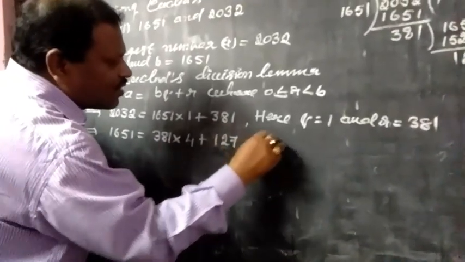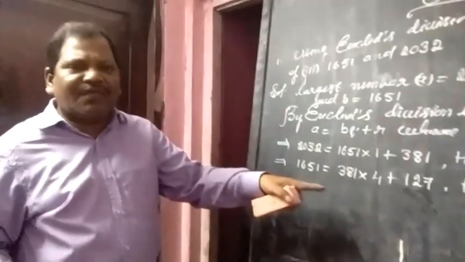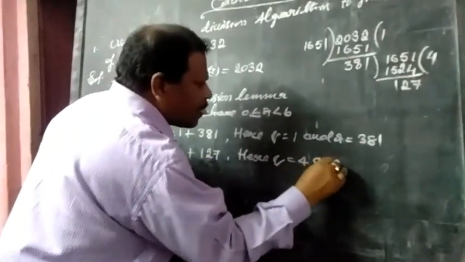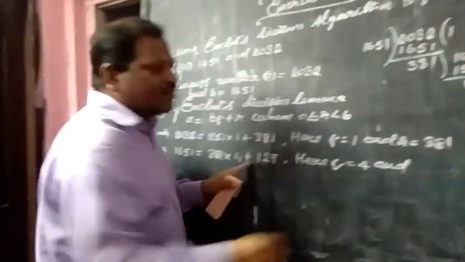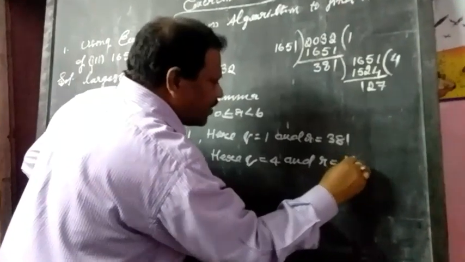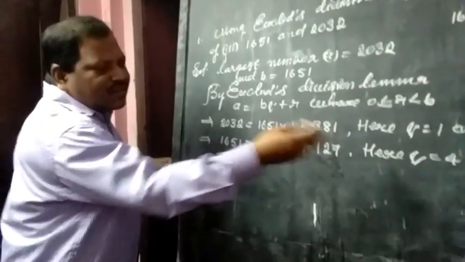Here in this step, Q is equal to 4 and R is equal to 127. It is not coming 0.